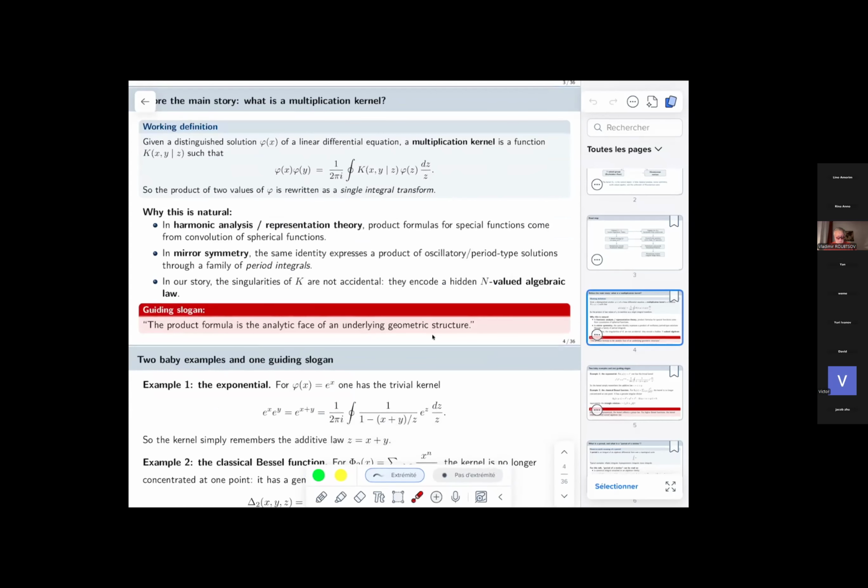And this kernel doesn't depend too much on, say, possible accessory parameters or spectral parameters related to these solutions.